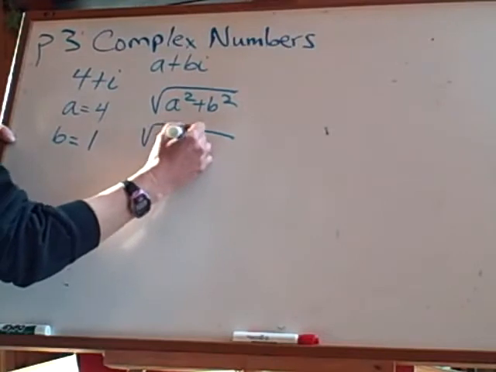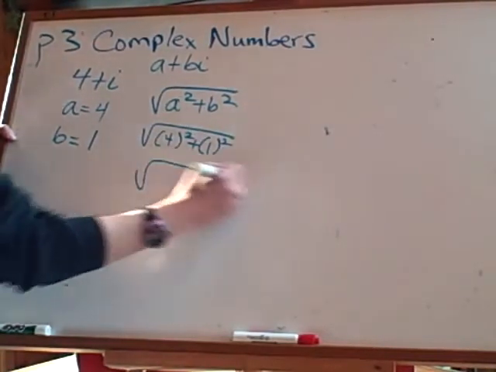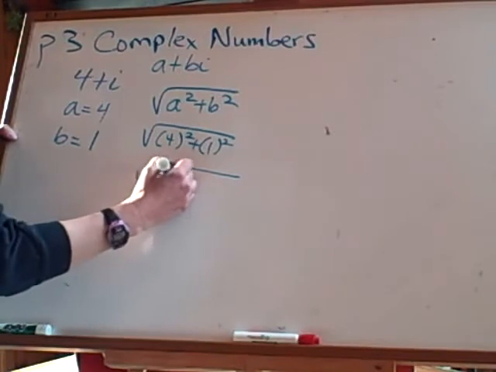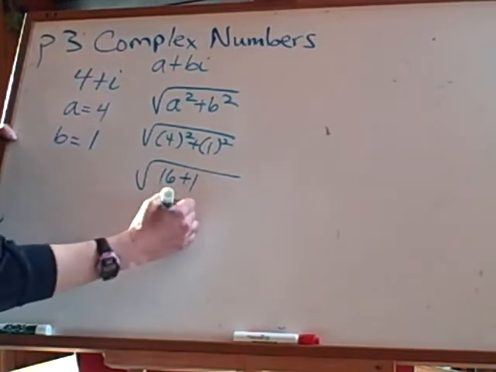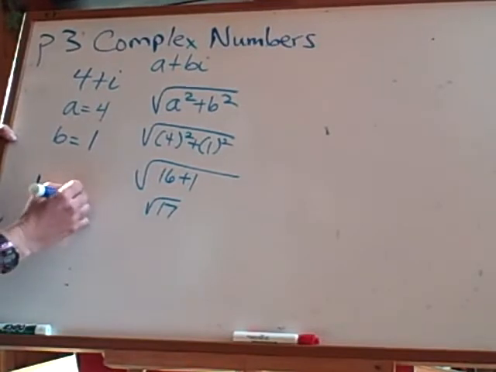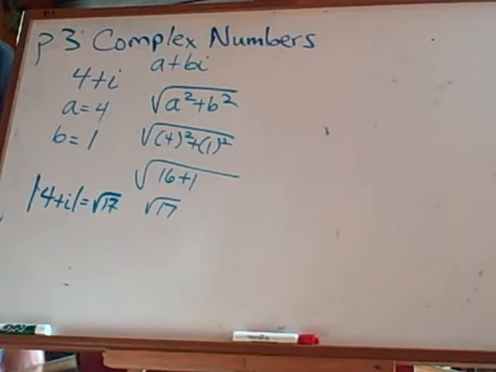We're going to plug it in there just like it is. Square root of 4 squared plus 1 squared. What is that, 16 plus 1? Square root of 17. So the way you would write it is the magnitude of 4 plus i is equal to the square root of 17.